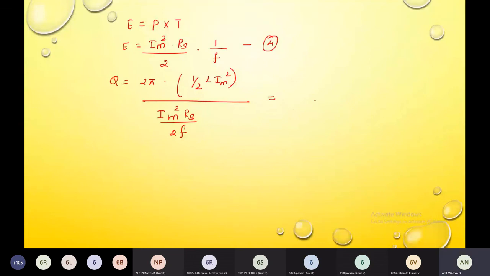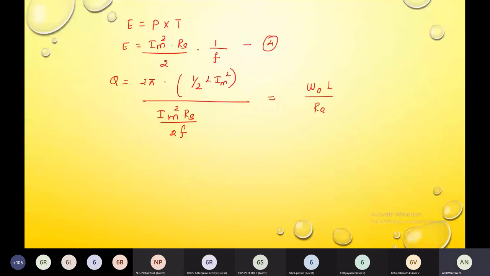In terms of omega, you should say again. What answer you are getting? Omega L by R. So it is going to be omega naught L by RS.